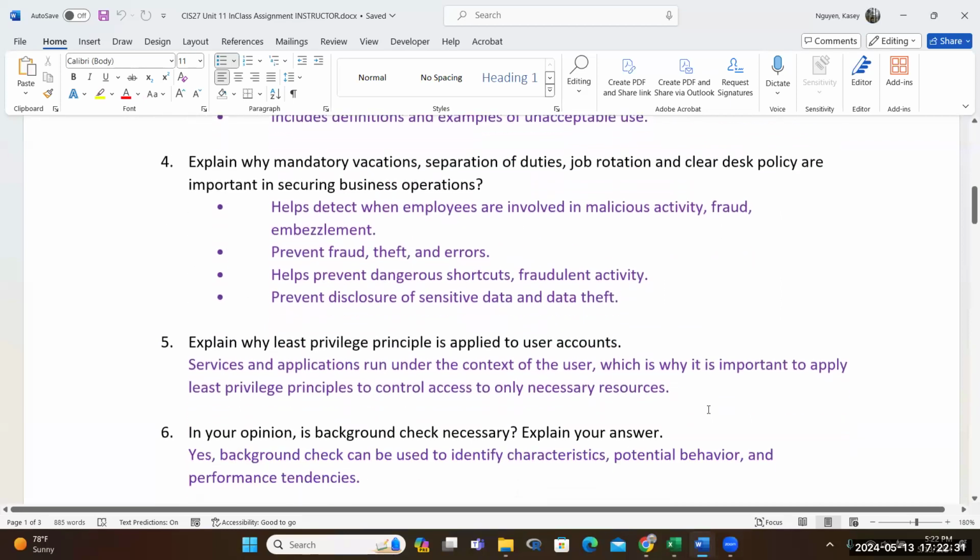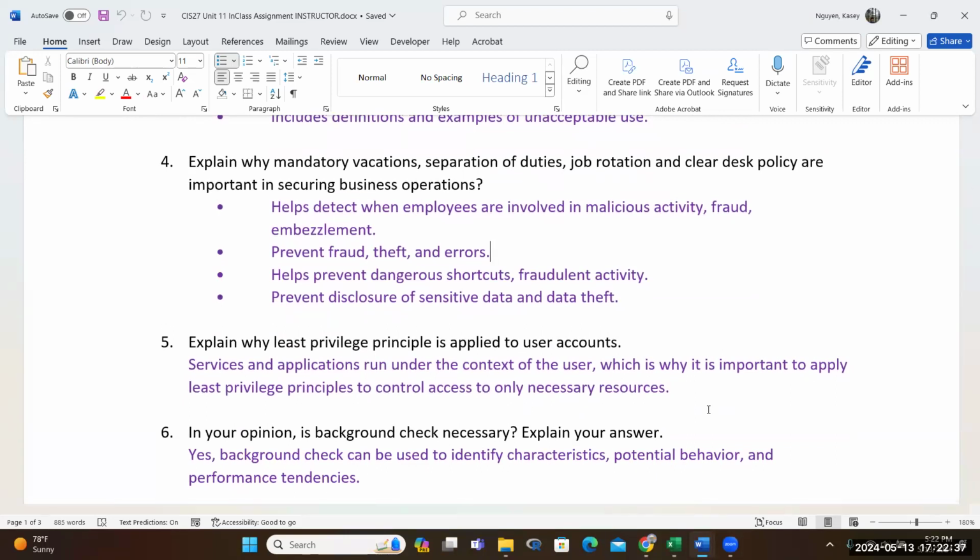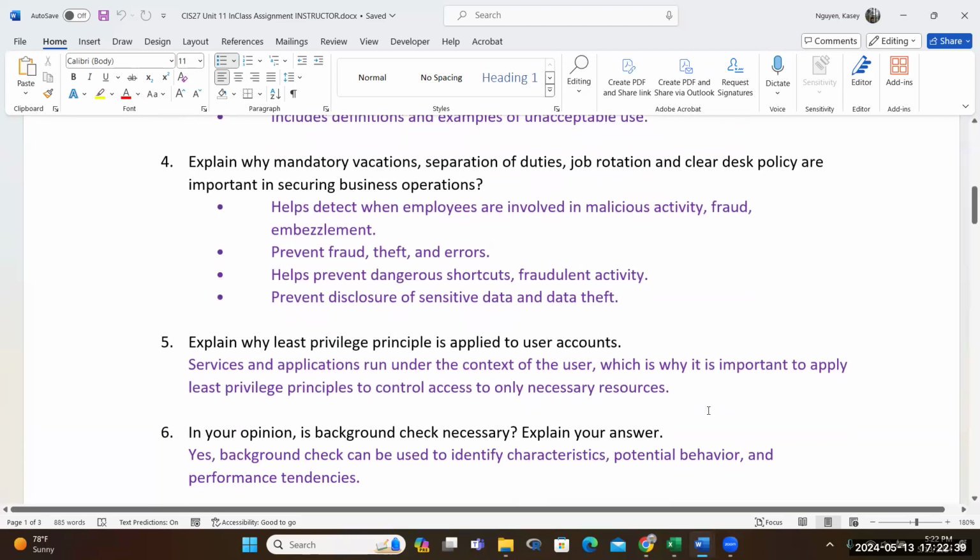Okay, so we talked about the least privilege principle. So why is this important for user accounts? That means that in order to apply this, you need to make sure that your services and applications, right? Applications require services, and for each of the users or their groups, you must have the configuration for least privilege.